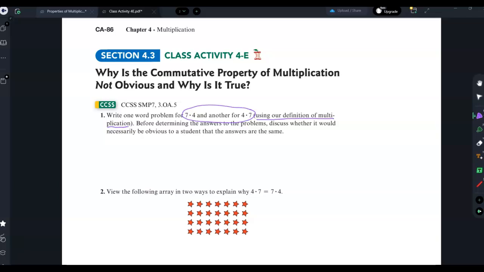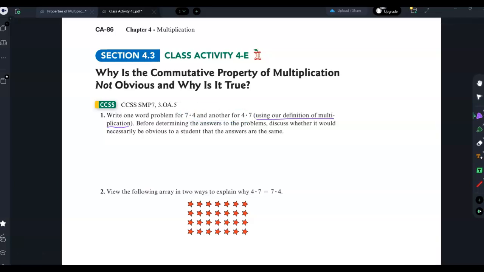If you used a counting problem, like, I have 4 different pairs of pants and 7 different shoes to choose from, how many combinations? Technically, that story problem would work for both 7 times 4 and 4 times 7 because the order doesn't matter in counting problems. So I hope that you would avoid a counting problem for this particular example because we're trying to demonstrate 2 different problems for these 2 different things.